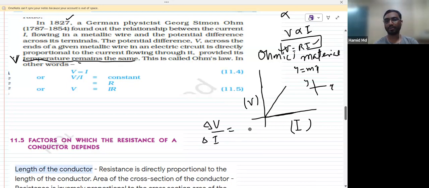If you take the slope, this is V and this is I, delta V over delta I. So Jaslyn, if we take the ratio of V over I, what will we get?